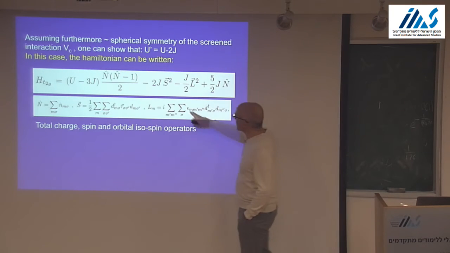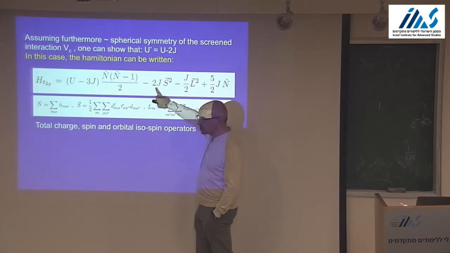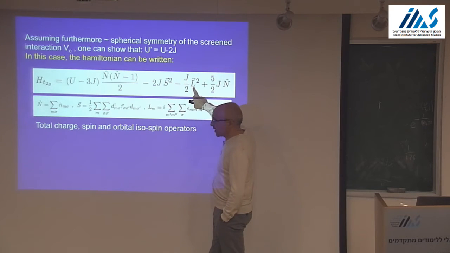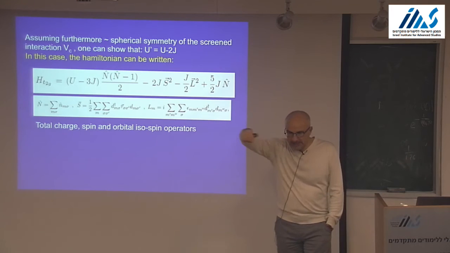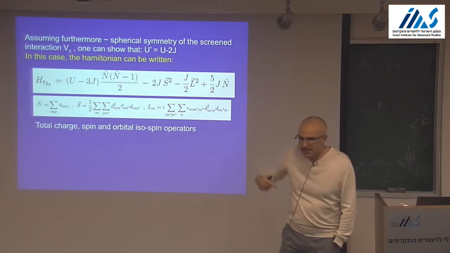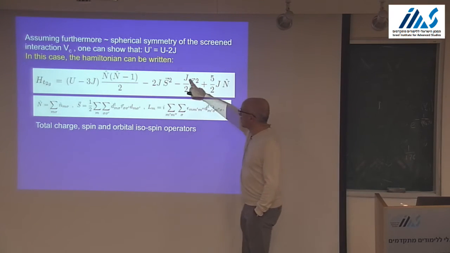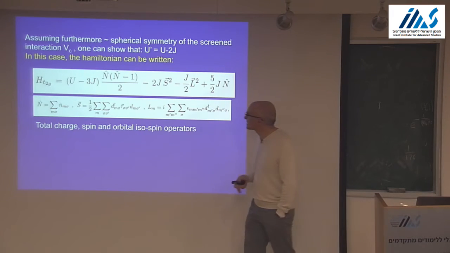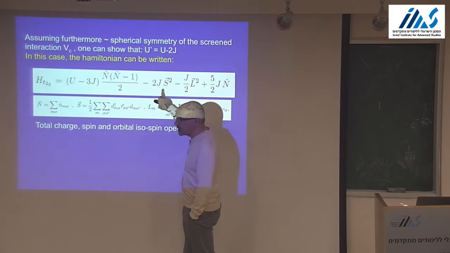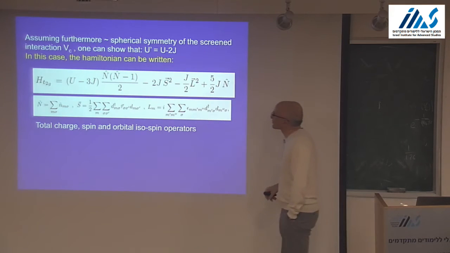And you see that the spin square comes with the 2J, and the L square, which is the effective angular momentum rotating between the three xy, yz, xz orbitals, comes with a J over 2. So that expresses very nicely the Hund's rules. The Hund's rule says that you should first maximize spin, then maximize L.